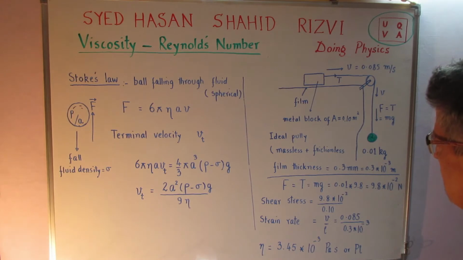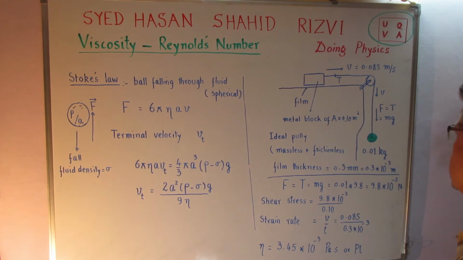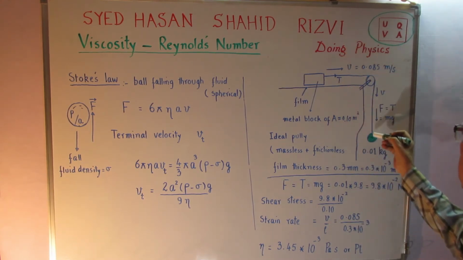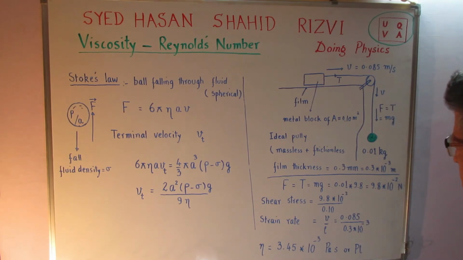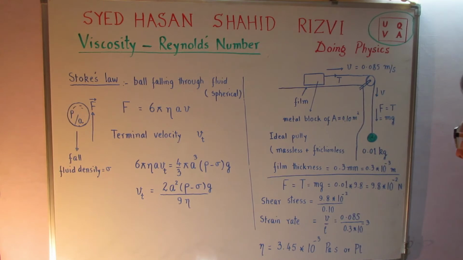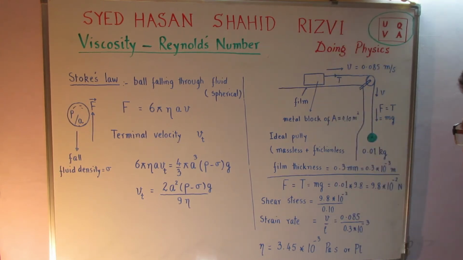The pulley is ideal. It is supposed to be massless and frictionless. And this is a thin string which connects this block, of a certain area of cross section which is in contact with the fluid, to a weight which is hanging from here.